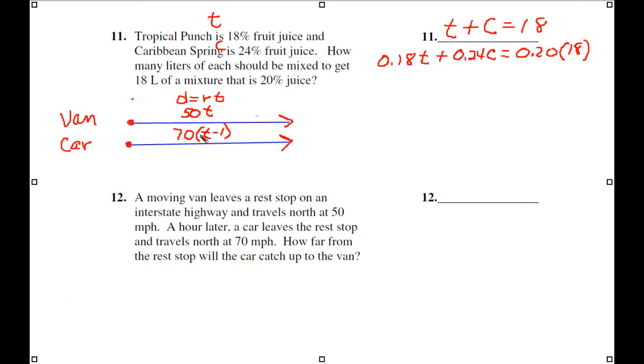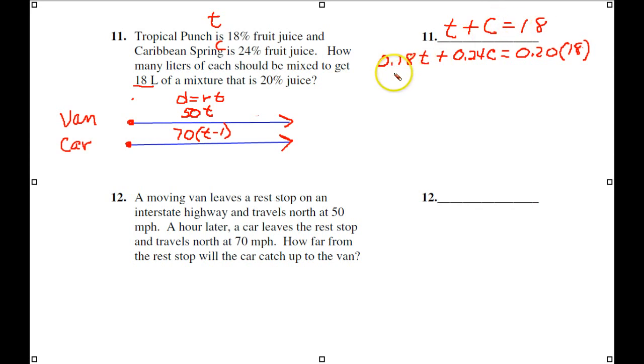Okay, as we go on to number 11, this is similar to what we've done before. So tropical punch, T, Caribbean spring, C, and together you want 18. So T plus C equals 18.